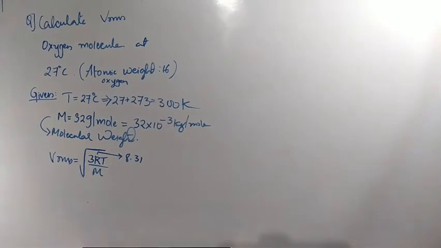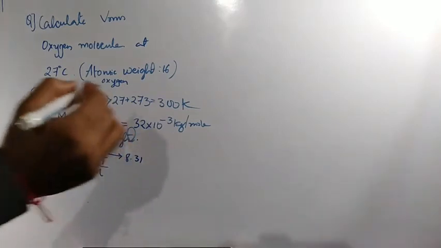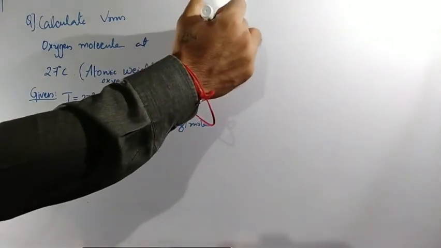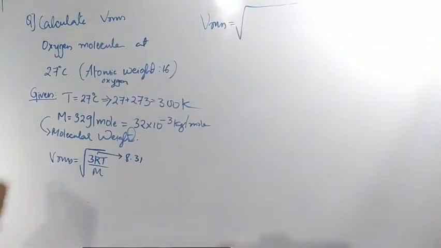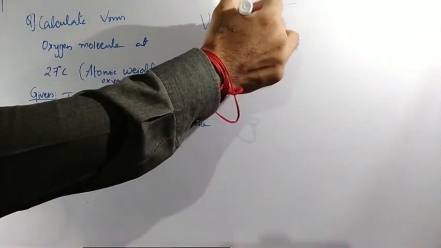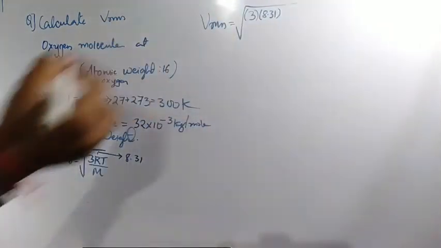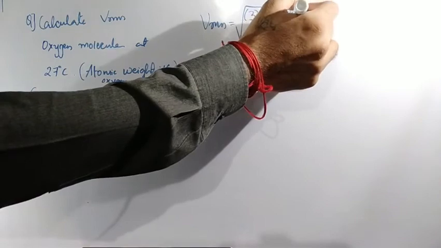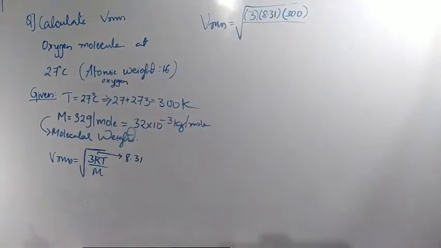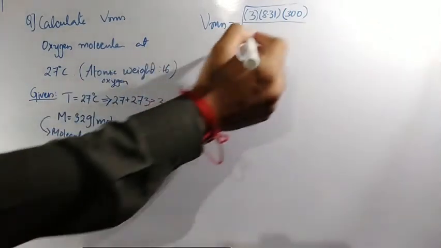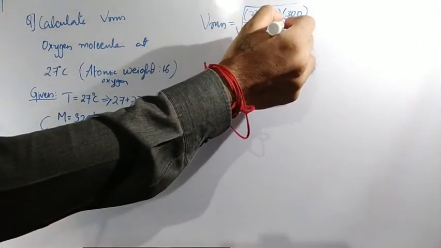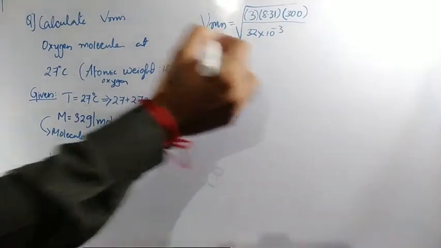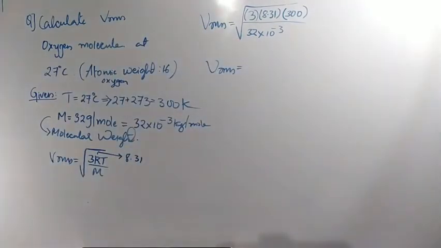So if you calculate this, VRMS is equal to root of 3 into 8.31 into temperature value 300, whole divided by capital M value 32 into 10 to the power of minus 3. So how much will VRMS come out to be? 3 into 8.31 into 300 divided by 32 into 10 to the power of minus 3, the complete value inside the root.